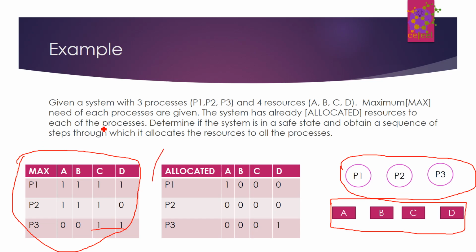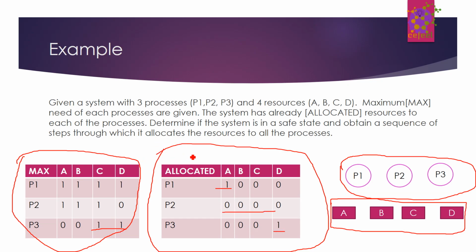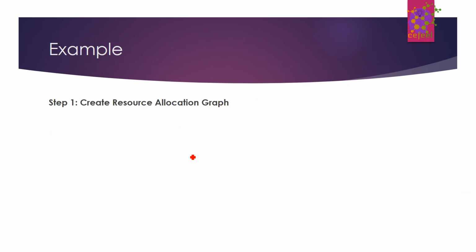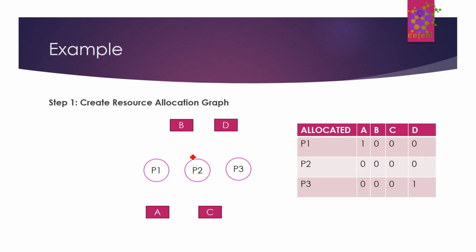But at this moment, the current allocation looks like this, which means P1 is allocated A already, P2 is not allocated any of the resources, P3 is allocated D. So the first step is to create a resource allocation graph.